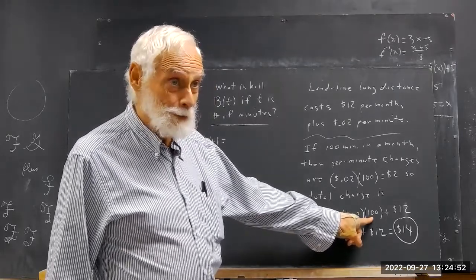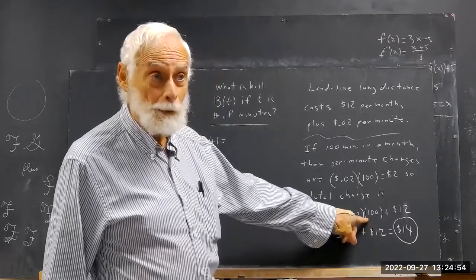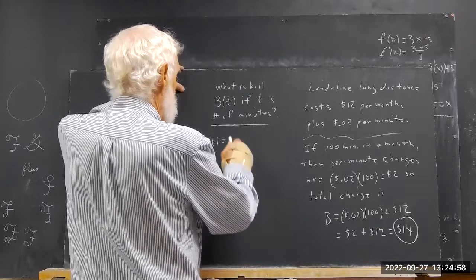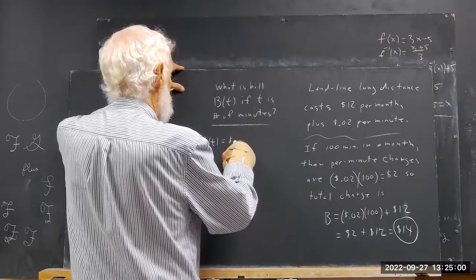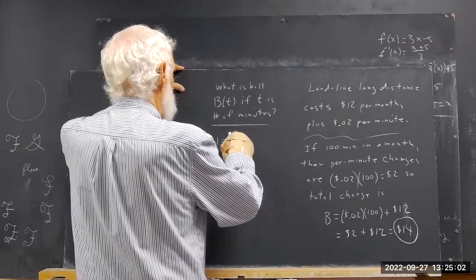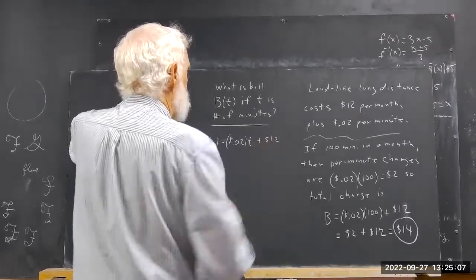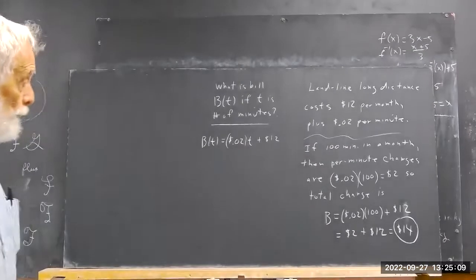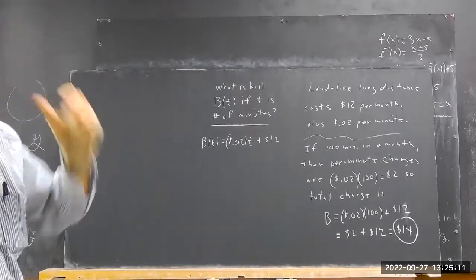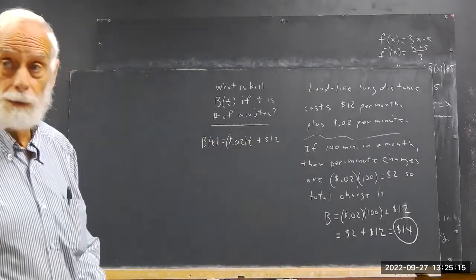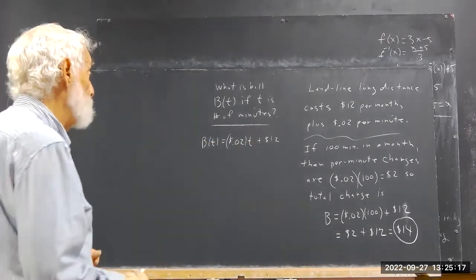If you have T minutes, well, put a T there, okay? So B of T would be this, okay? Now, usually we won't write the dollar sign in here, although it's not a bad idea. It kind of clutters things up.